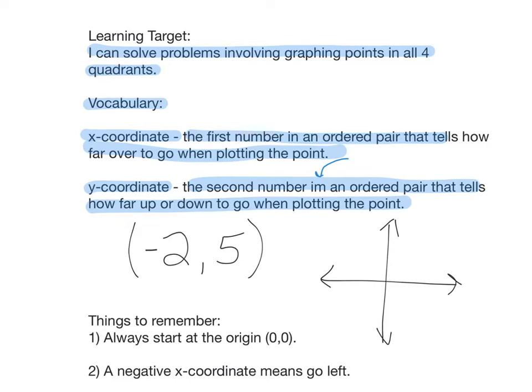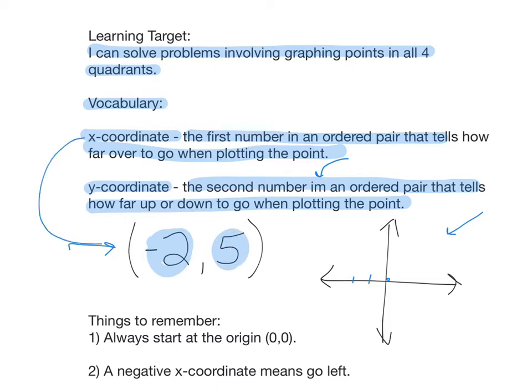So, the x-coordinate in this example is the -2. That's how far to go over. So when I'm graphing that point here, I go from the origin, I go over -2. The 5 is the y-coordinate.